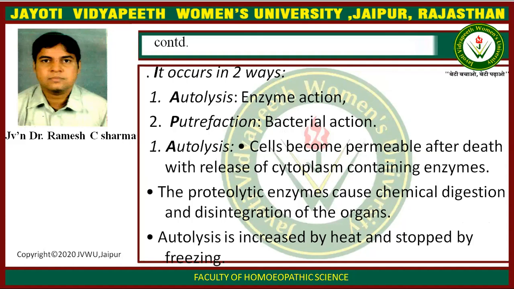Cells become permeable after death with release of cytoplasm containing enzymes. The proteolytic enzymes cause chemical digestion and disintegration of the organs. Autolysis is increased by heat and stopped by freezing.